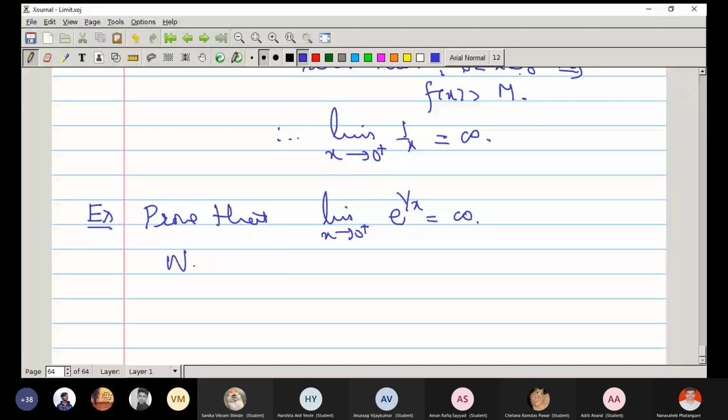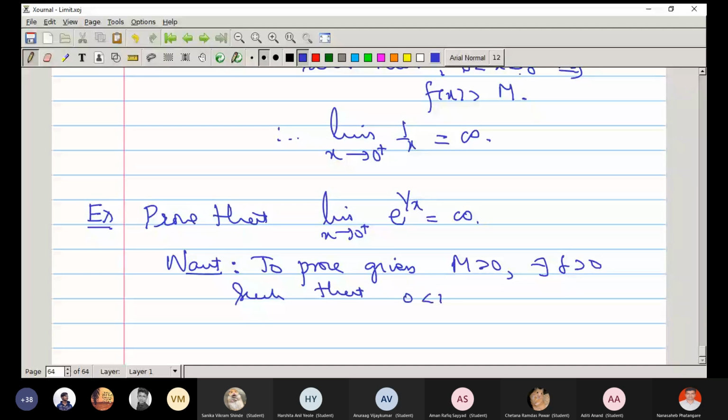What we want to prove: given m, there exists delta such that whenever 0 less than x less than delta, then for such x, f of x is greater than m. So is it possible to do this?